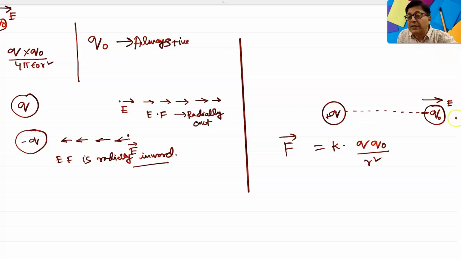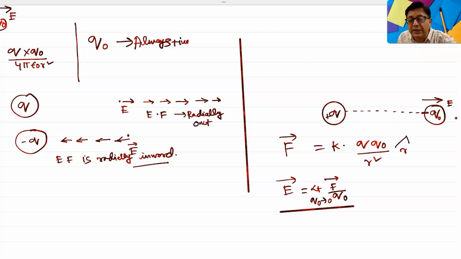Okay. But if it is radially outward, we should put a unit vector which is directed radially outward. This is F. Then E is what? By definition, it is F by Q0. The condition is you can put the concept of limit here, that is limit Q0 tending to 0, F by Q0.